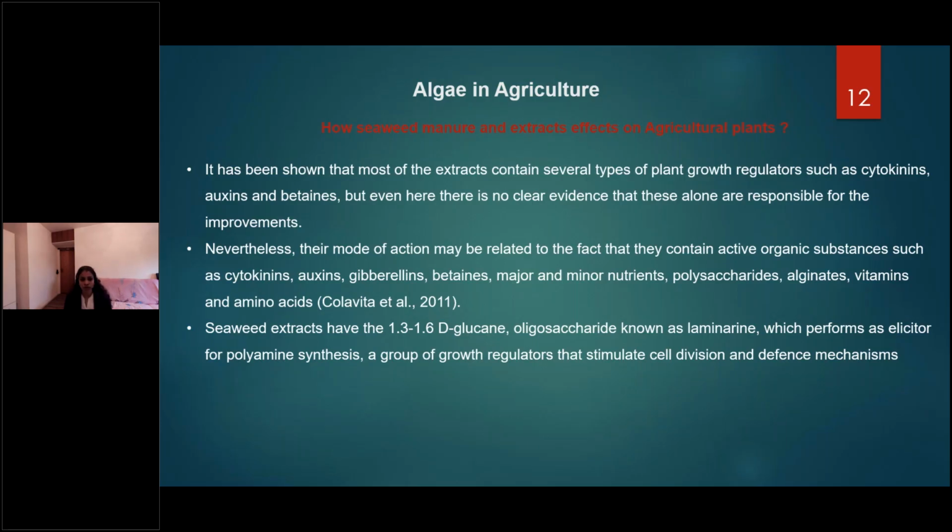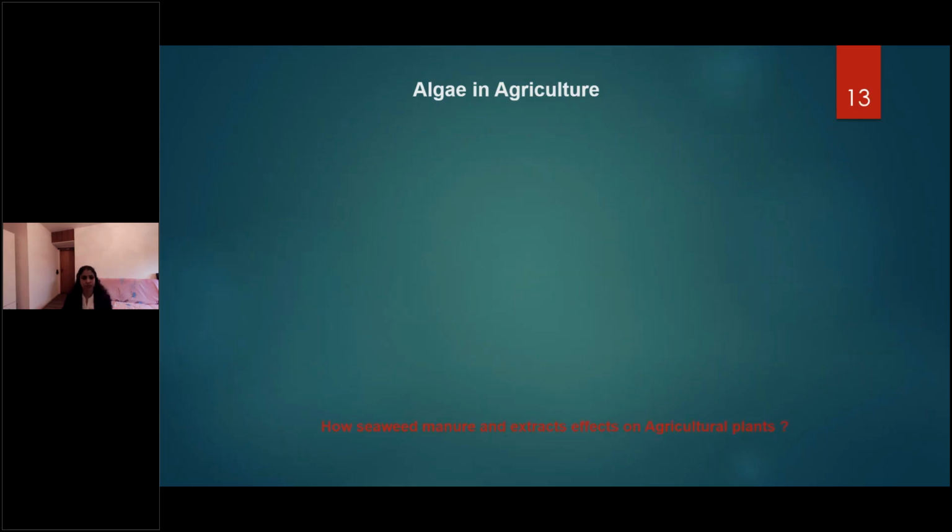Nevertheless, their mode of action may be related to the fact that they contain active organic substances such as cytokinins, auxins, gibberellins, betaines, and major and minor nutrients like polysaccharides, alginates, vitamins, and amino acids. These seaweed extracts have 1,3-1,6-β-D-glucan oligosaccharides known as laminarin, which perform as an elicitor for polyamine synthesis, a group of growth regulators that stimulate cell division and defense mechanisms.